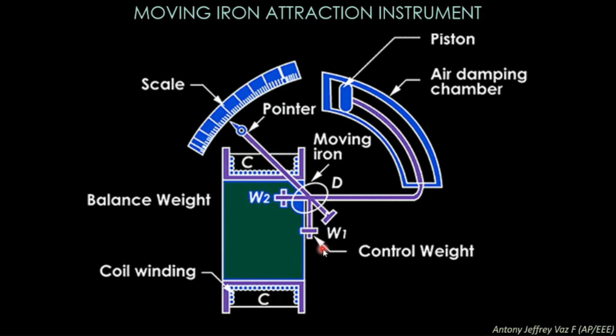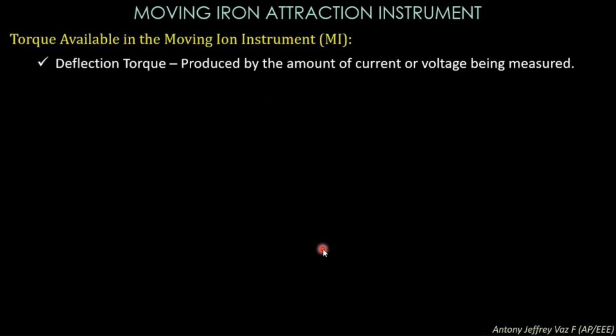Okay, next we can see the torques available. There are three torques present in moving iron instruments. One is the deflection torque. The deflection torque is produced by the amount of current or voltage being measured, so it provides the measurement of the current or voltage.